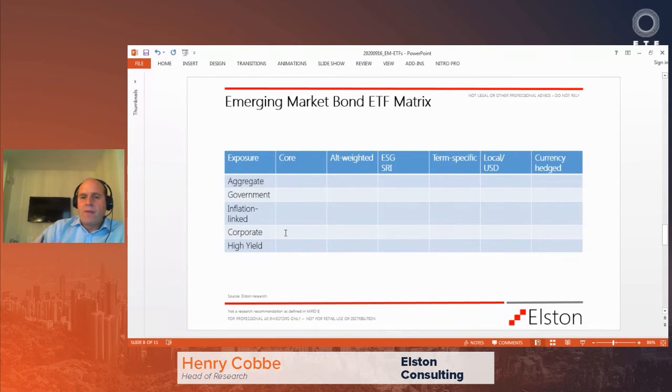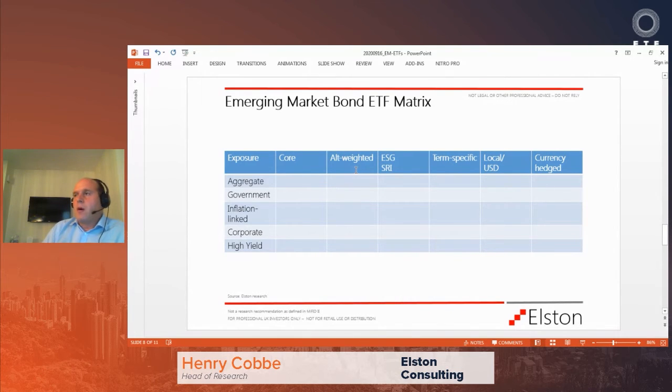So again, where we see the innovation from other providers is looking at other types of more nuanced exposure, such as alt-weighted bond indices to defer that criticism that you're always lending to the most indebted companies. ESG and SRI bond indices would be a particularly interesting area. Then term-specific indices.